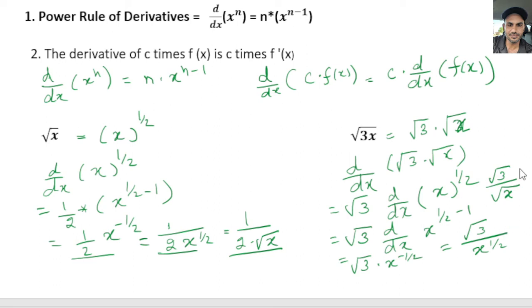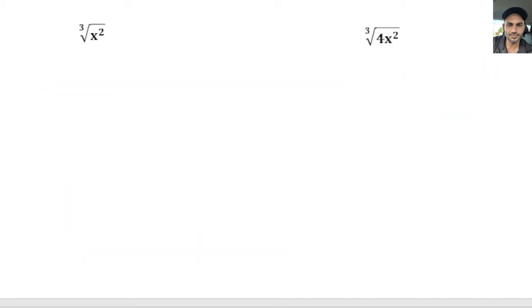And you can even put them all under one square root, so it would be the square root of 3 over x. All these are correct answers for this particular problem. Let's go ahead and work a couple more examples.